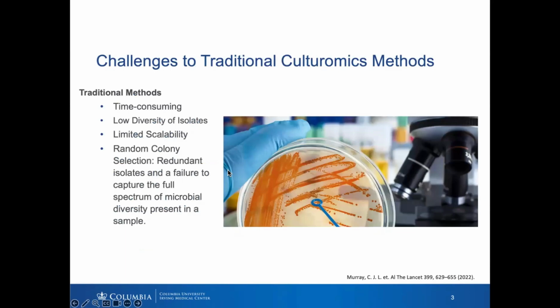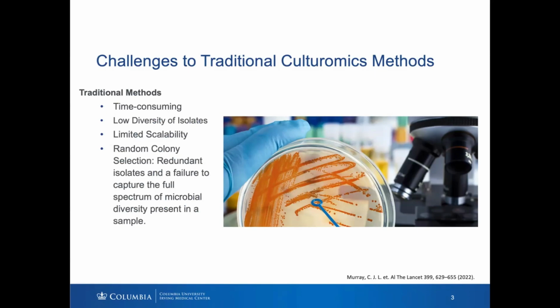To justify why the CAMI platform is a very economically viable choice, there are many challenges to traditional culturomics methods. It's very labor intensive, as I mentioned. With traditional methods, you would pick every single colony manually.